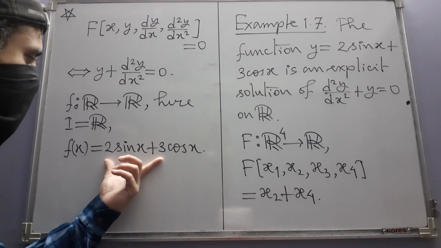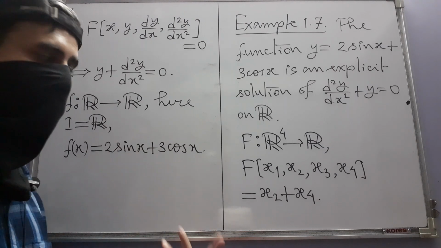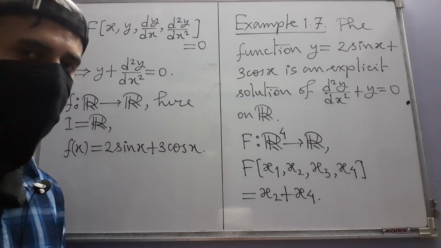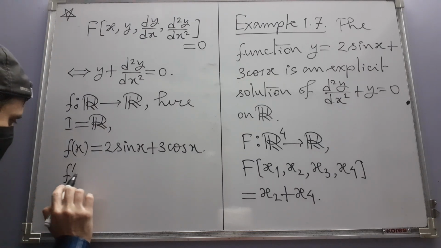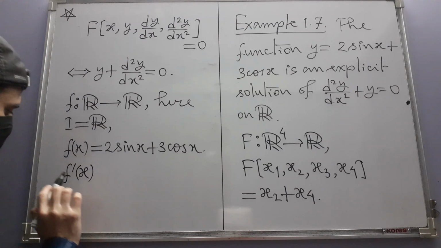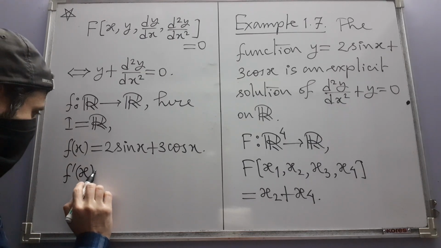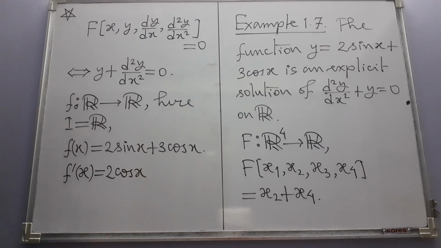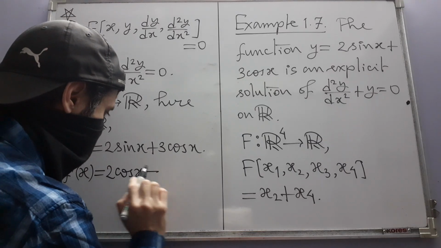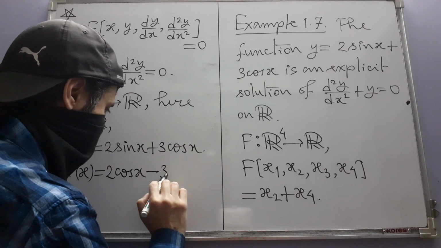So their linear combination is also going to be differentiable. So these are simple results from calculus. In fact, the first derivative at any real number x is 2 cos x minus 3 sin x. If you differentiate sin x, you get cos x. Differentiating cos x, you get minus sin x.